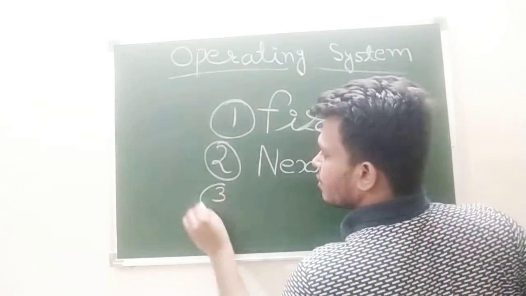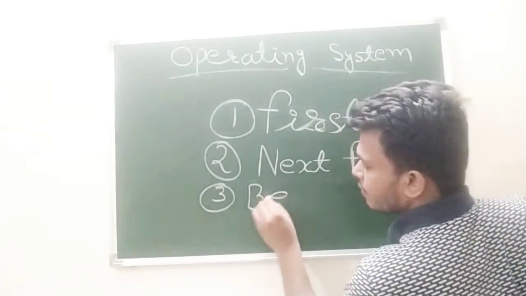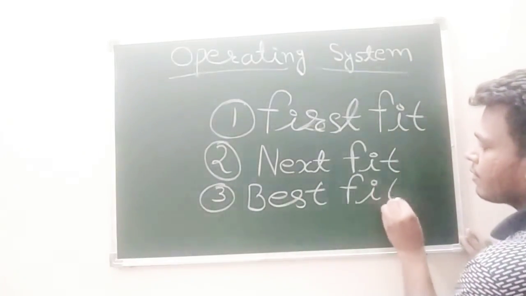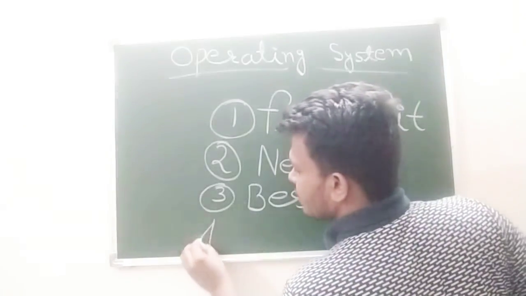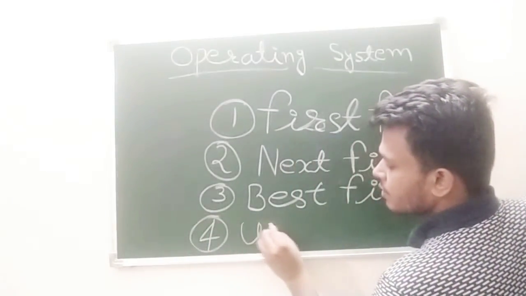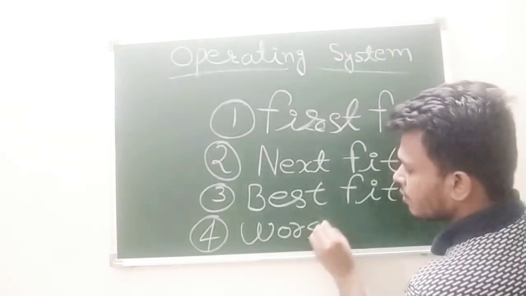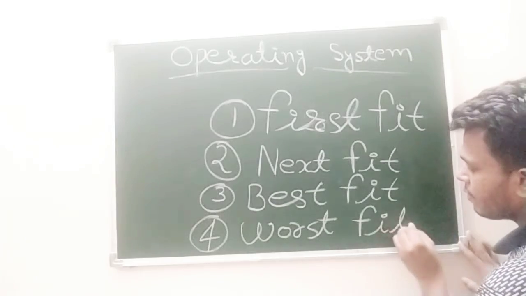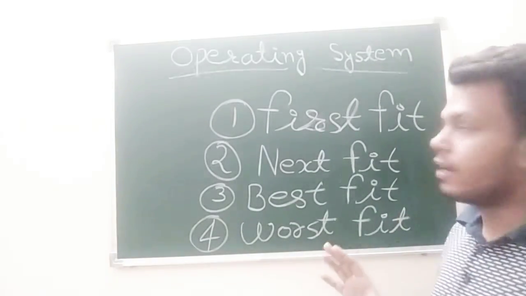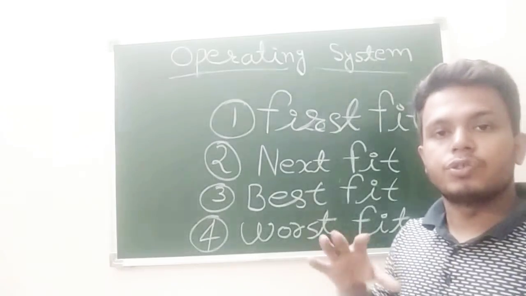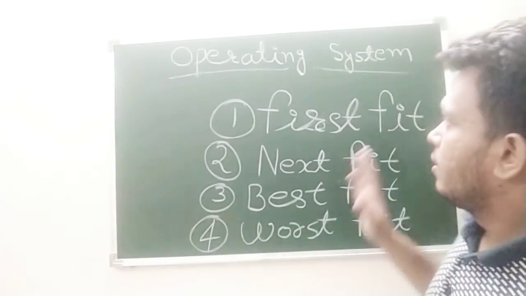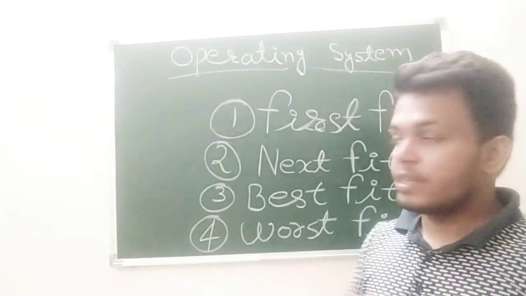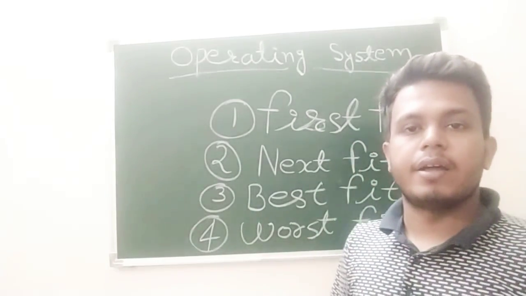Third we discussed best fit. And at the last we discussed worst fit. I think that is all clear to you, which algorithm and which strategies we use. That is all about the contiguous memory allocation algorithms. I hope you have understood this concept. Keep watching, keep learning. Thank you.